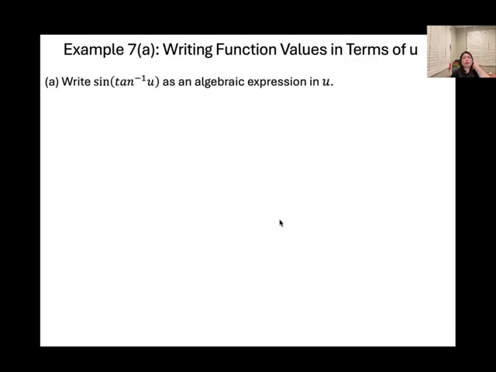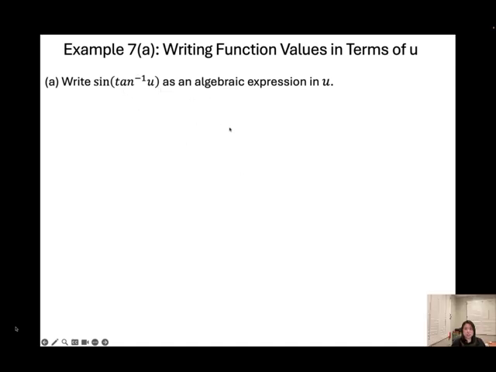Okay, example 7. Write sine of tangent inverse u as an algebraic expression in u. So I want you guys to simplify this guy in terms of u here. So first, I'm gonna let theta equal to tangent inverse u. Then tangent theta will be equal to u.